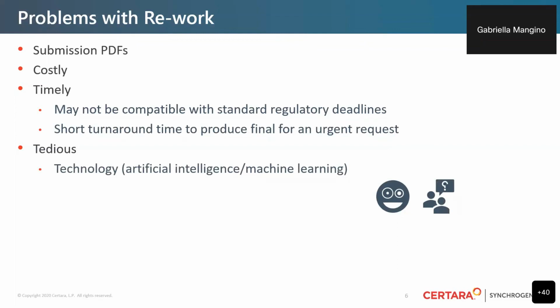So as I'm mentioning the use of technology and manual reviews, there is some sort of artificial intelligence or machine learning that is always working behind your technology that is supporting these efforts. So at Certara Synchrogenics, we have both of these AI and machine learning models built into the tool. And what this is enabling the tool to do is learn over time and be able to pick up particular data fields within a document and better anonymize or redact them.